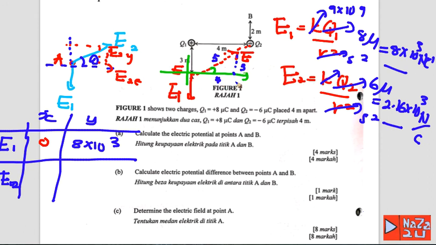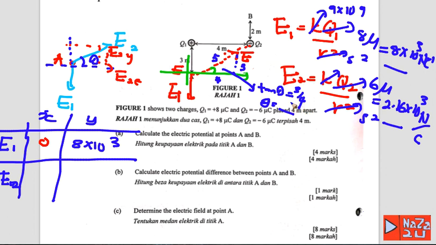So now you can find the angle here. Let's use tangent: tan theta is equal to 3 over 4. So you can find the value of theta here, right?